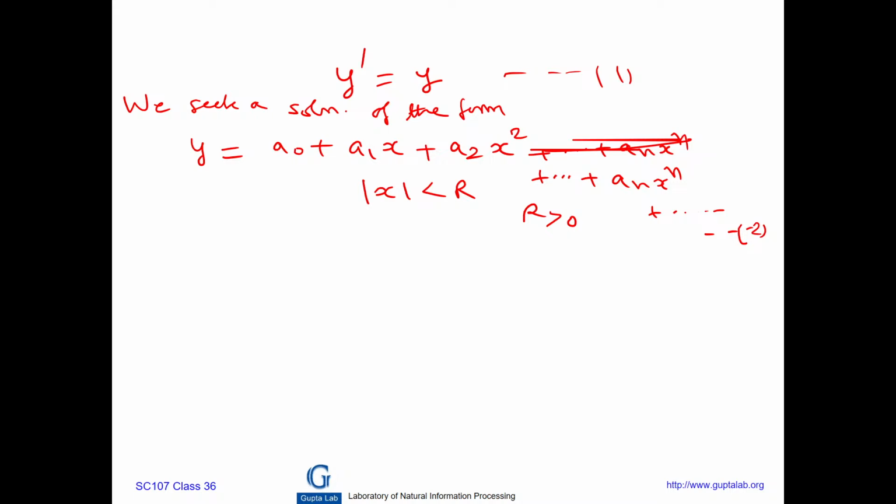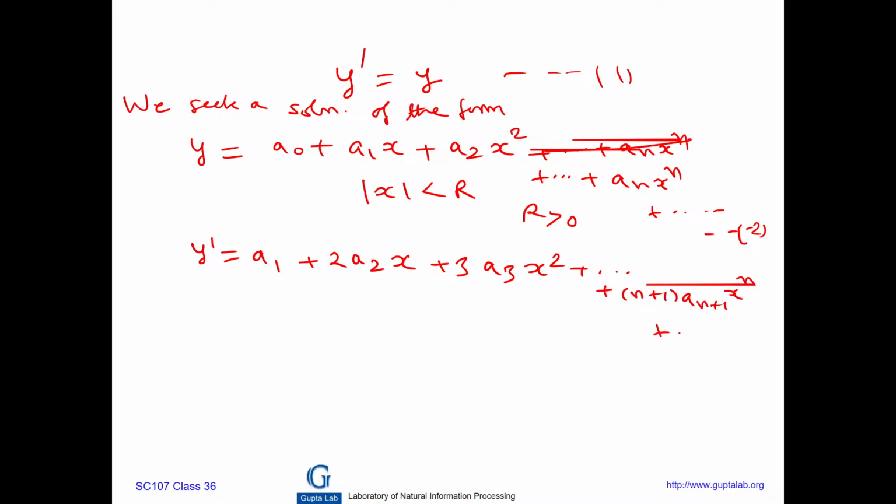So you just substitute it here, and then you observe that y dash will be a1 plus 2a2x plus 3a3x square plus (n plus 1) a_(n+1) x raised to power n and so on.